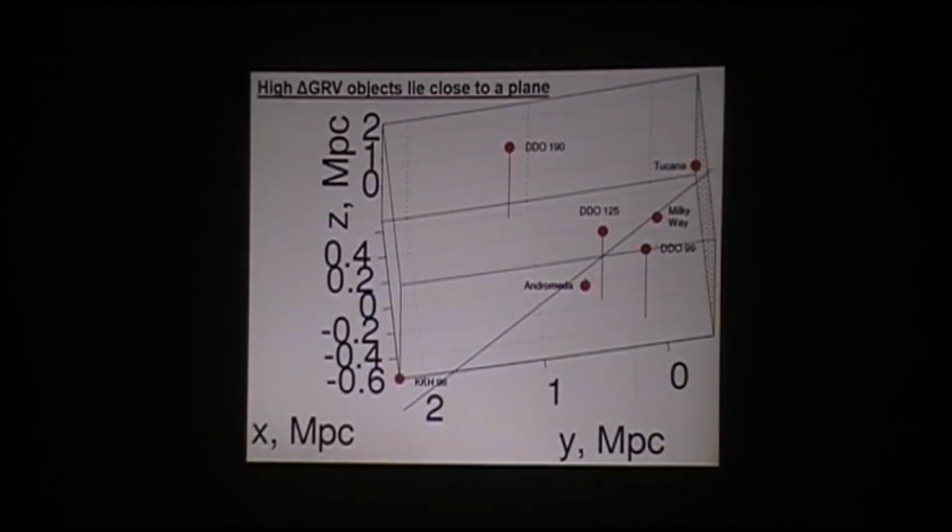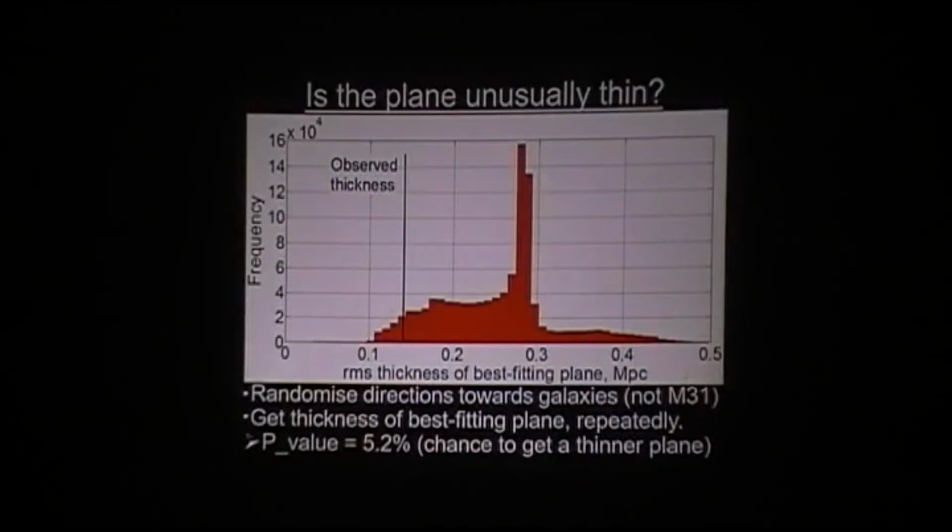So we rotated this 3D figure around a bit, and we managed to get the high velocity galaxies lining up very close to a line. They're actually not close to a line, they're actually in a plane, but you rotate it until it's edge on like that. Now obviously this is quite hard to know, is this significant? We don't know yet. So we'll have to do some more statistics on things like that.